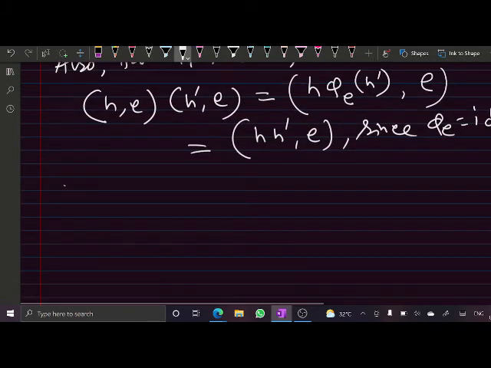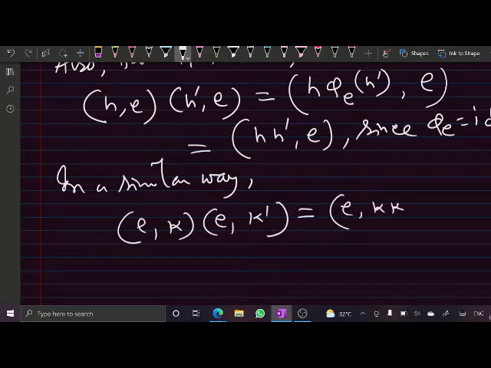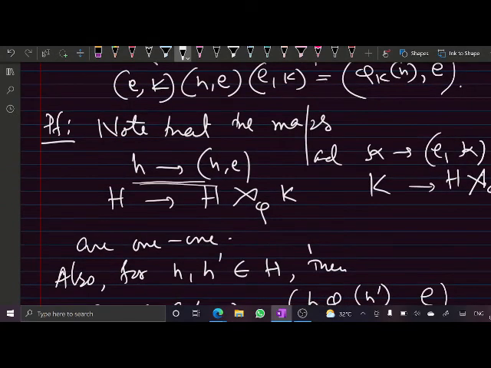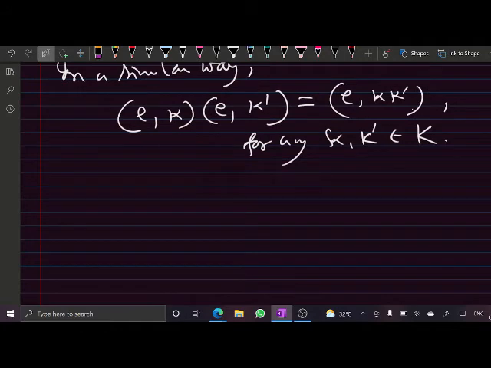In a similar way, you can say that (e,k)(e,k dash) will be (e, k k dash) for any k, k dash belonging to capital K. So therefore the maps, this one and this one, both are homomorphisms from H to H semi-direct product K and K to H semi-direct product K in a natural way.